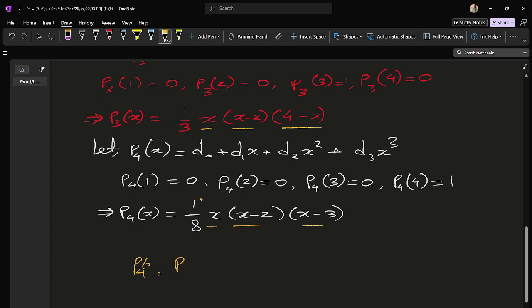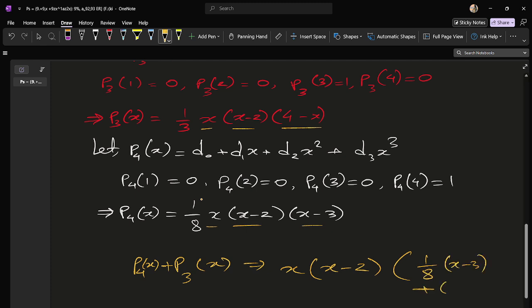Then we can see that x minus 2 and x can be common. If we take the plus, the inner side will be this plus this.